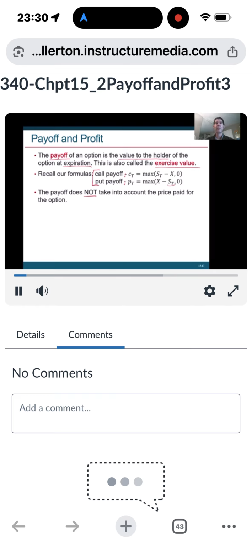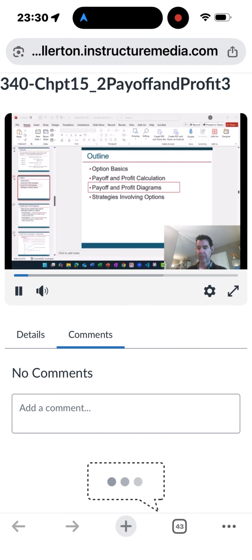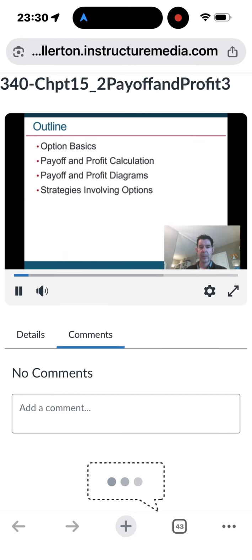Let's say you love pizza and you know that your favorite pizza place is sending out coupons, and you've got a friend who doesn't like pizza, and your friend got a coupon, but you know my friend's not going to use it. And now you might say, hey, can I buy your coupon from you? So that would be like you have to purchase the option.